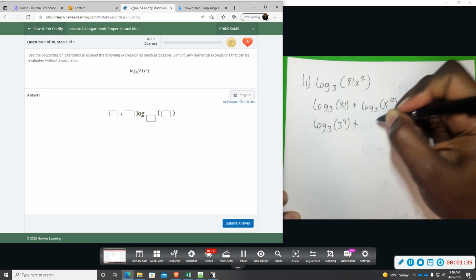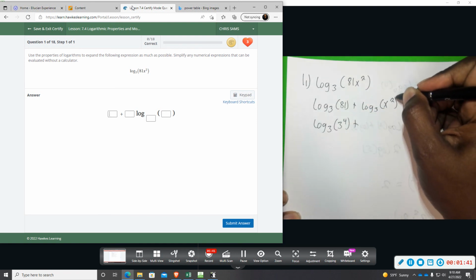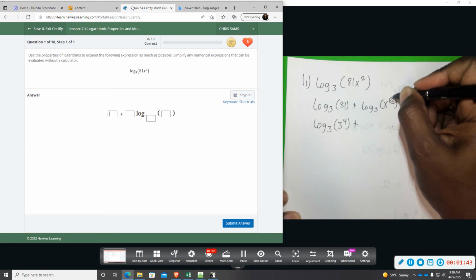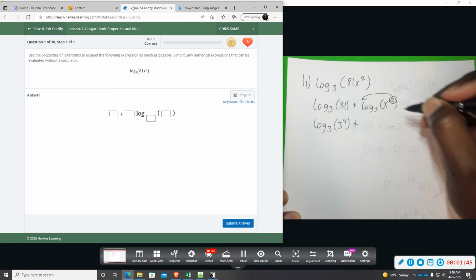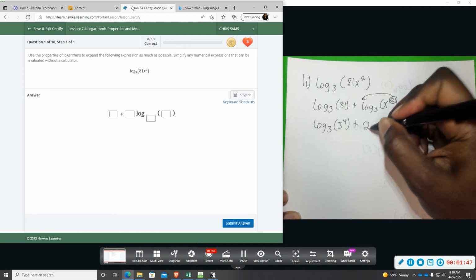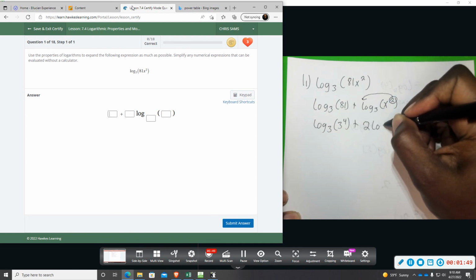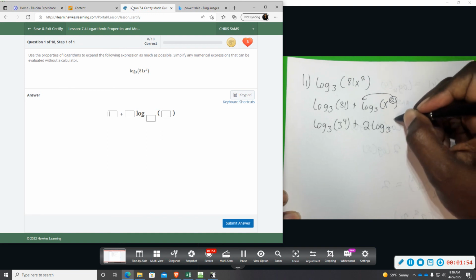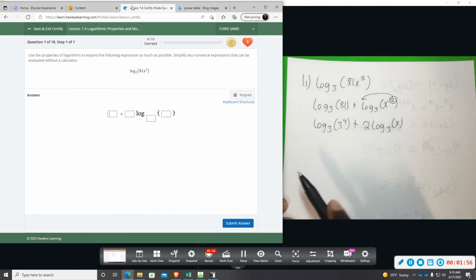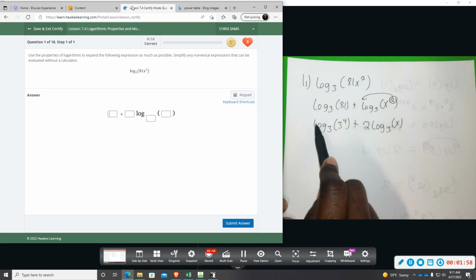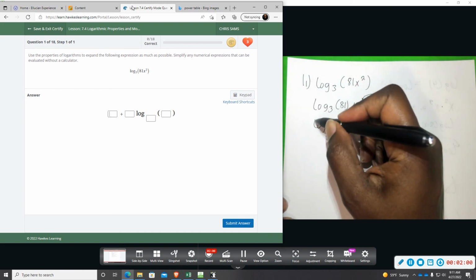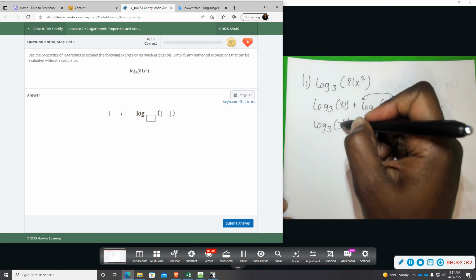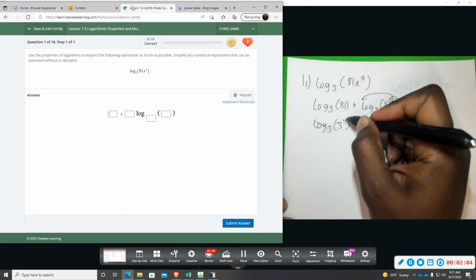Plus, and then here I'm going to use the property that says you can take the exponent and bring it down to the front as a multiple. So this is going to be 2 times log base 3 of x. And then if you go back to the cancellation property, log base 3 of 3 to the 4th will cancel and just leave us with 4.